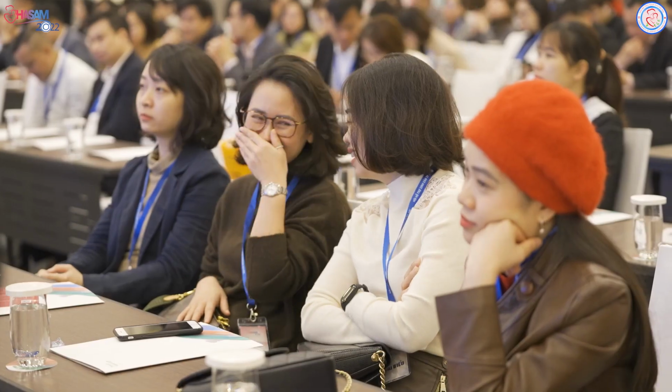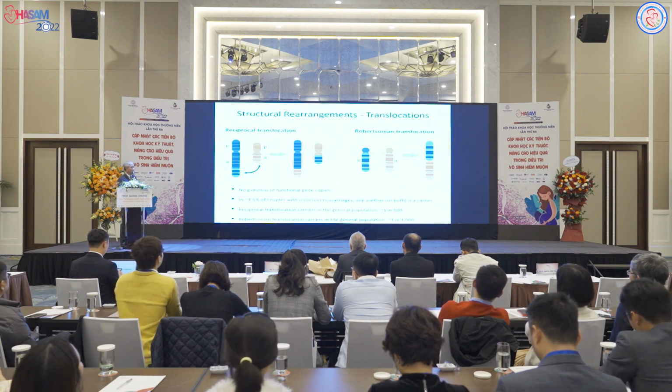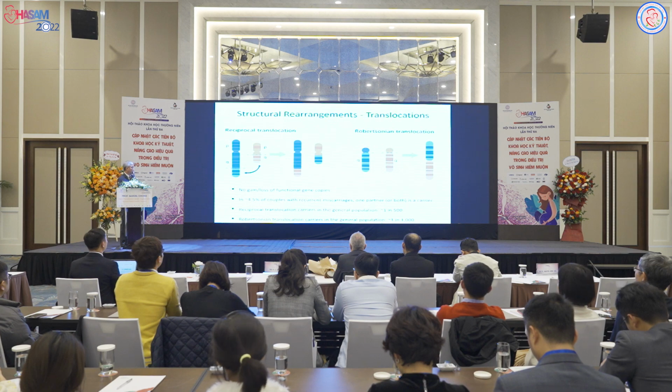And the key thing to note is that there is no gain or loss of functional genes most of the time, and that approximately 4.5% of couples who have recurrent miscarriages actually have one partner or both who is a carrier of one of these types of translocations.